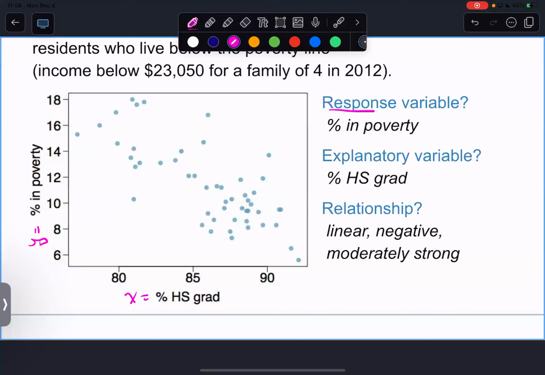So the response variable means that we want to predict the percent in poverty. In a different question, if I wanted to predict the percentage of high school grads, I would make that my Y. So we always want to predict the response variable.